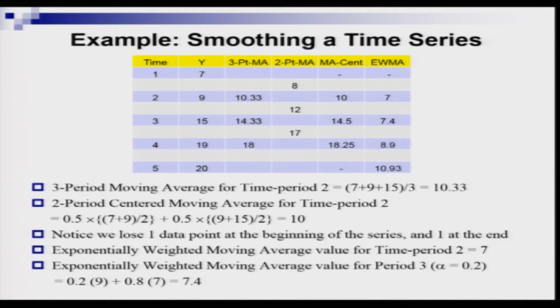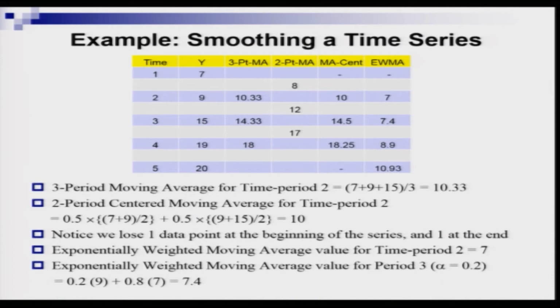So now we have two 2-point moving average numbers, 8 and 12. If you take the mean of these 2 numbers, you get 10, and this newly created centered moving average number 10 matches time period 2. Now you see the mapping between the moving average numbers and the original time period, and the original time period value is restored.